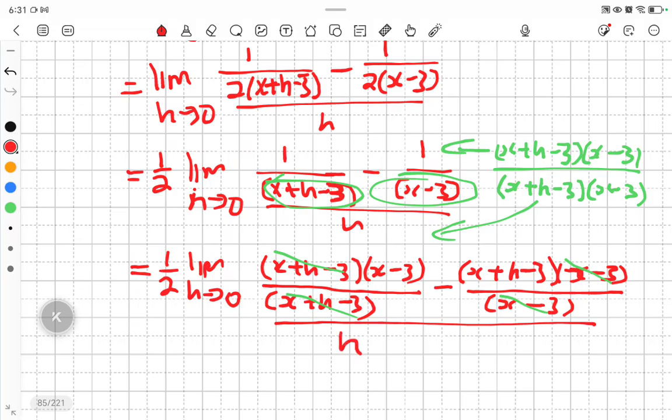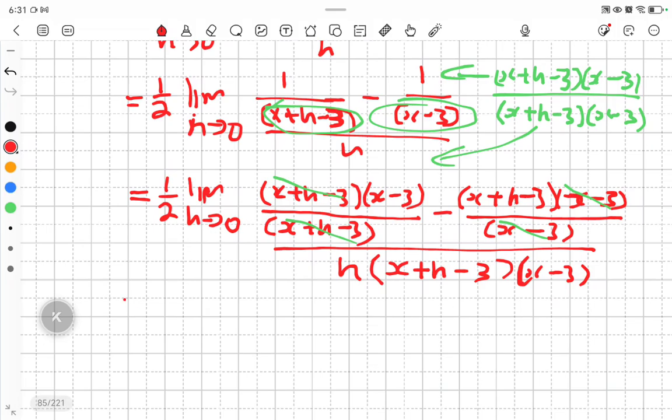Then we'll have h over x plus h minus 3 times x minus 3. I shouldn't even have written this step.